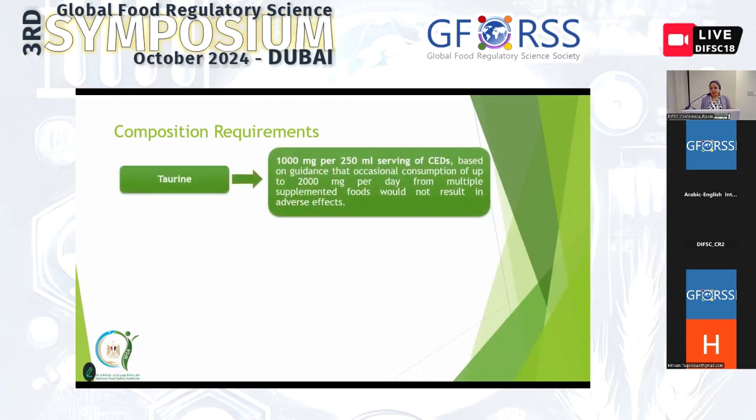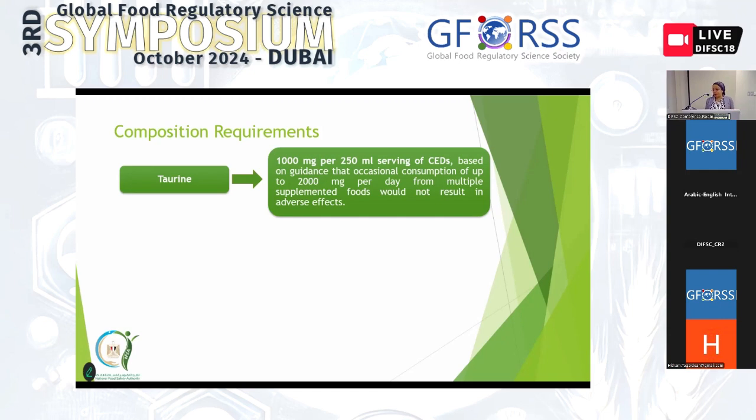Other typical components of energy drinks: when we surveyed the energy drinks in the Egyptian market, we found that most of them contain taurine. So we decided on 1,000 milligrams per 250 milliliter serving, based on guidance that occasional consumption of up to 2,000 milligrams is considered safe.